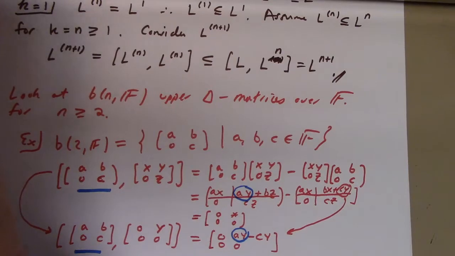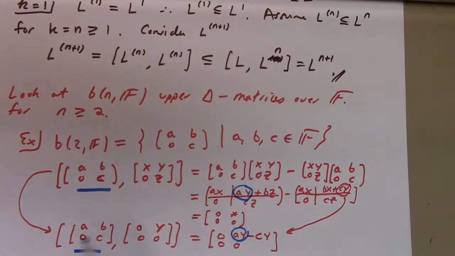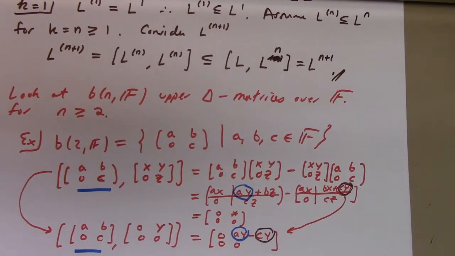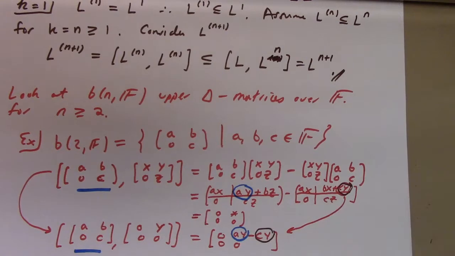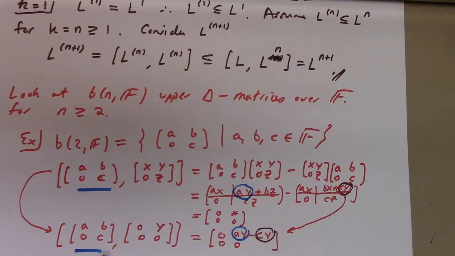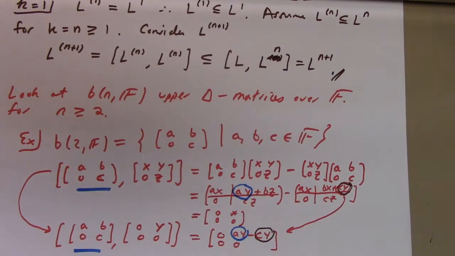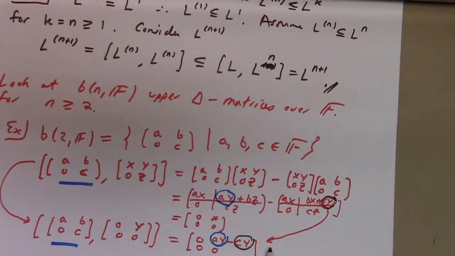In terms of matrix multiplication, this times that. I thought you were doing both multiplications. If I take this times that, switched around, I end up with that CY, but the commutator says minus.